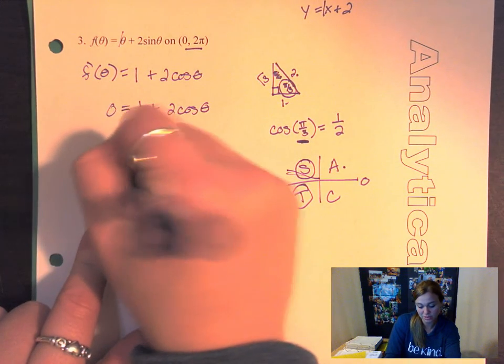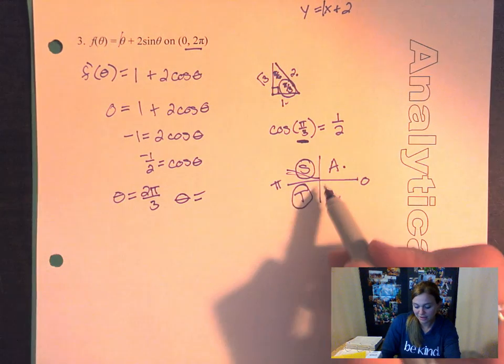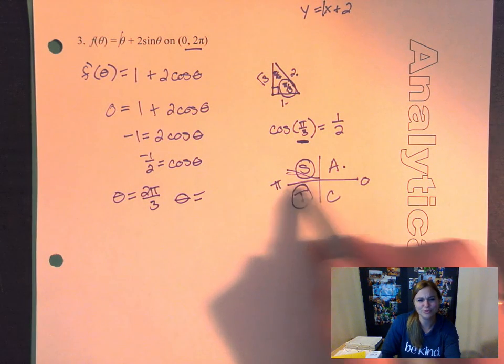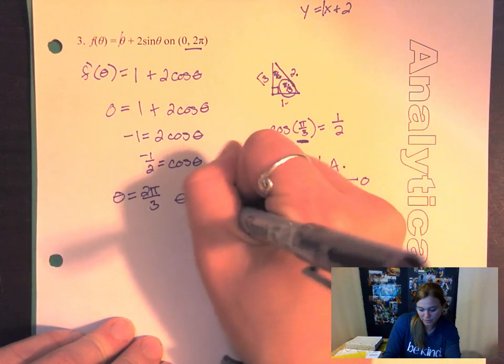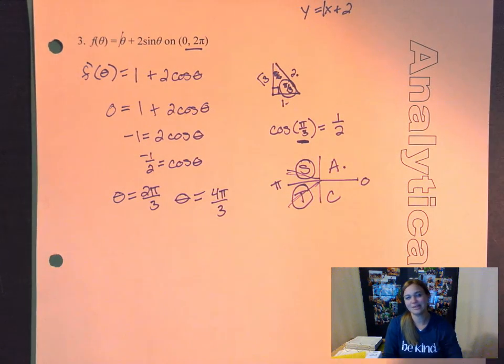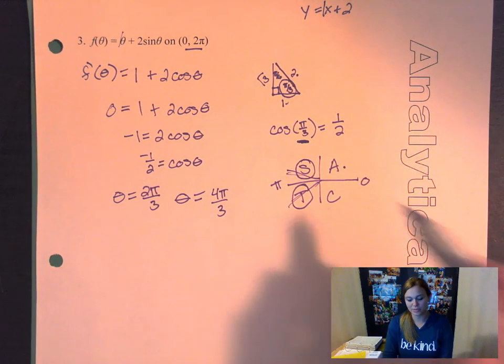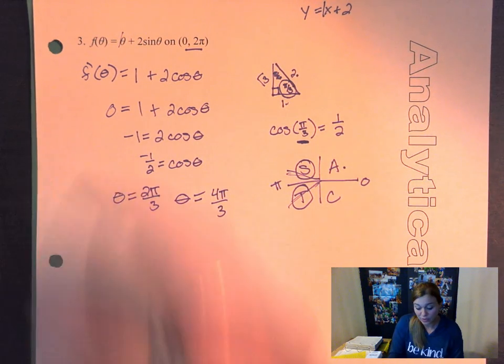That would work. And then I think, well, what's down here? 3 pi over 3 is just pi. That wouldn't work. Ooh, 4 pi over 3 would work, because that would be in this quadrant, except if I'm using a reference angle. I'm not going to say 5 pi over 3 because cosine would be positive. Okay, so now my interval's a little weird, but that's okay.